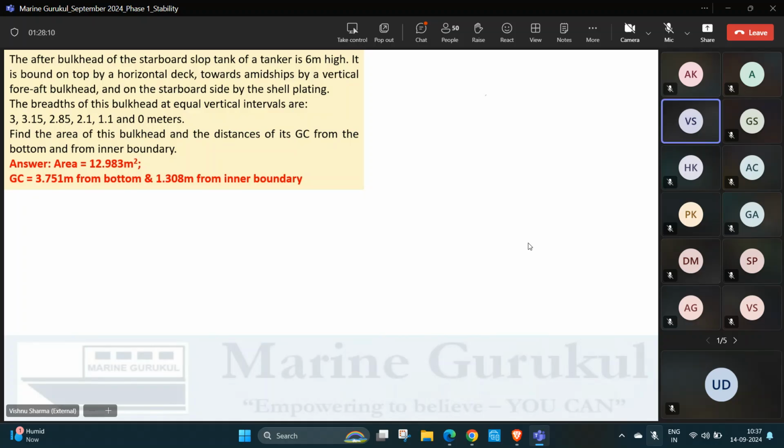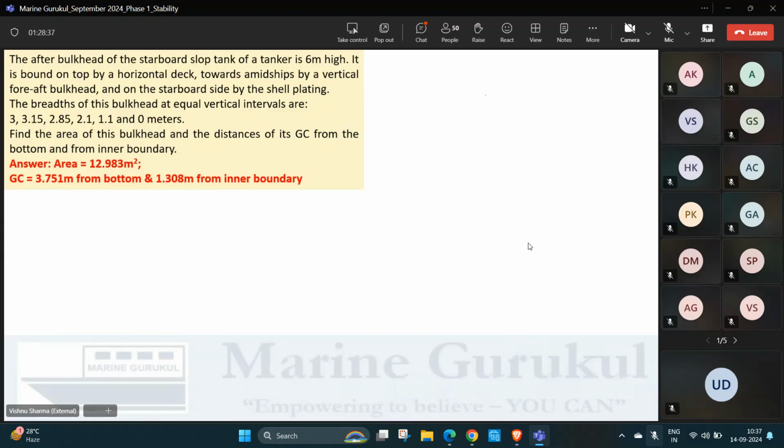The breadths of this bulkhead at equal intervals are given on the question: 1, 2, 3, 4, 5, 6. Find the area of this bulkhead and the distances of its GC from bottom as well as from the inner boundary. So he doesn't want only from one reference this time. He wants from two references so that you can pinpoint the GC.